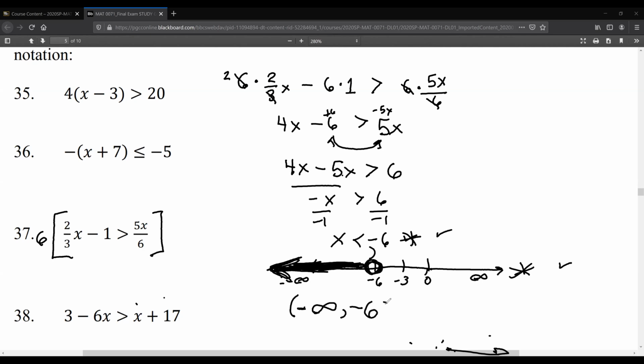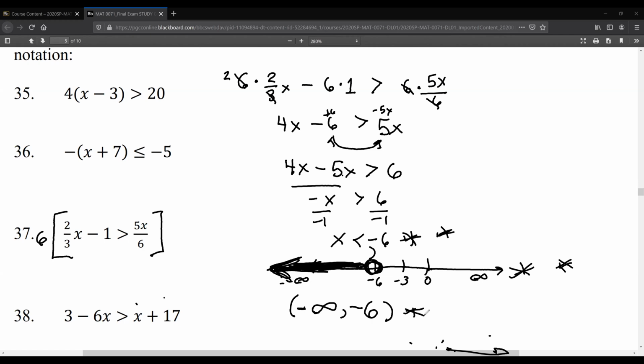You guys are not replying. So here you have the solution, the graph, and the interval notation, and if you look at them, you should see that they all represent exactly the same thing. All right, any questions?